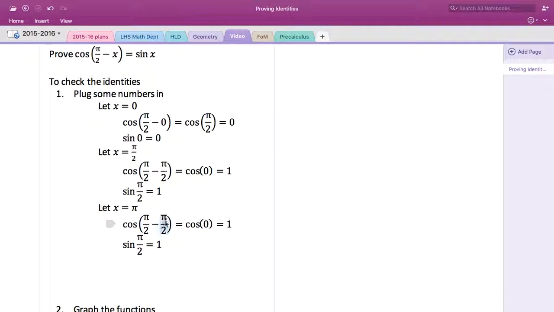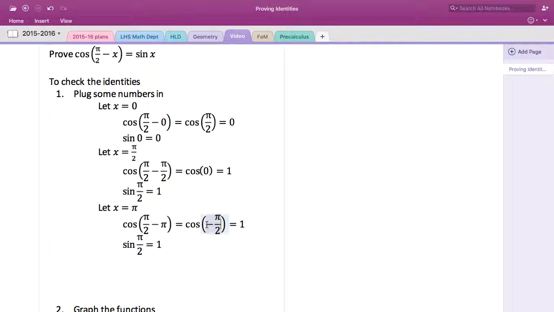Instead of pi halves, we just plug in pi. So pi halves minus pi is negative pi halves. Pi halves is 90 degrees and it's negative, so from the 0 degree starting point you go backwards 90 degrees.